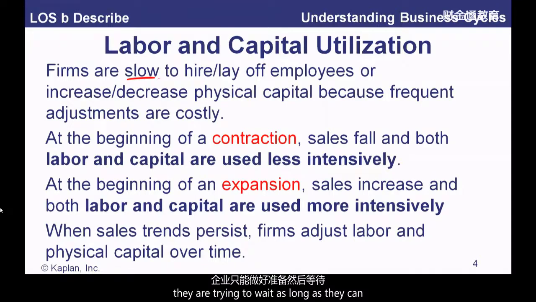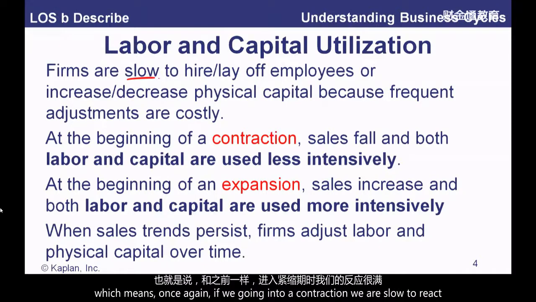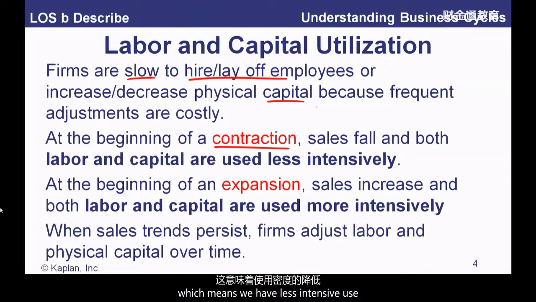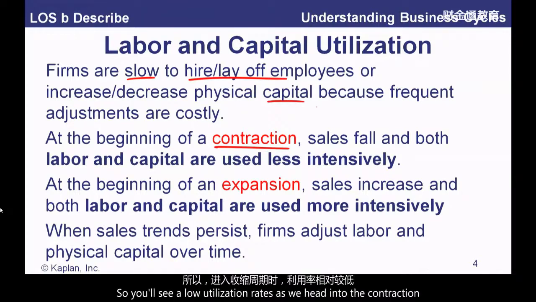So they try and wait as long as they can, which means, once again, if we're going into a contraction, we are slow to react. Sales are falling, but we are slow to adjust labor or capital, which means we have less intensive use. So you'll see a low utilization rate as we head into the contraction.